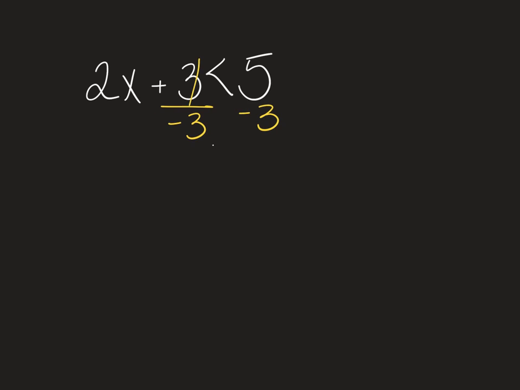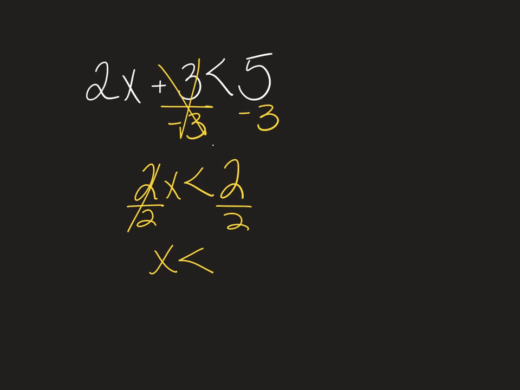Okay? So that's going to cancel, and then I'm going to have 2x is less than 5 minus 3, which would be 2. Now, I'm going to bring over my 2 through its inverse operation, and the opposite of multiplication is division. So let's divide both sides by 2. That cancels. x is less than 1.